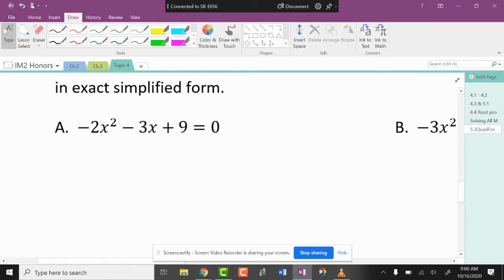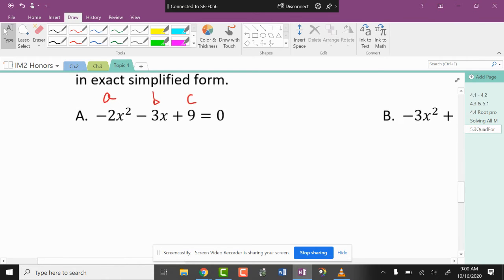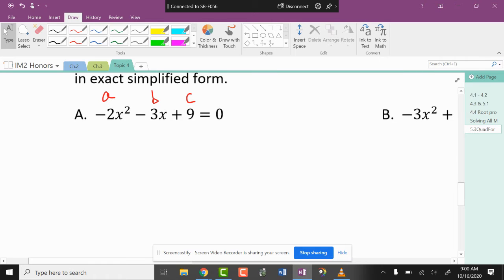So all of our examples today will do this. Is this factorable? Well, usually when you have a negative x squared term, that's kind of tough. So we're going to just go ahead and do the quadratic formula on this one and not even look at if it's factorable. Then I'll tell you about it after we get an answer. First things first, I hope you understand A is -2, B is -3.